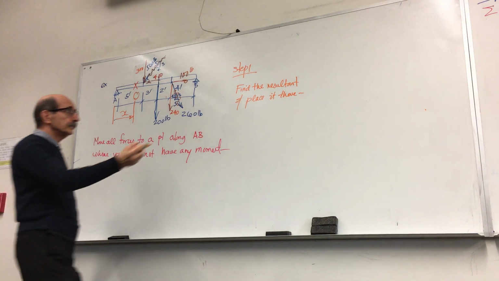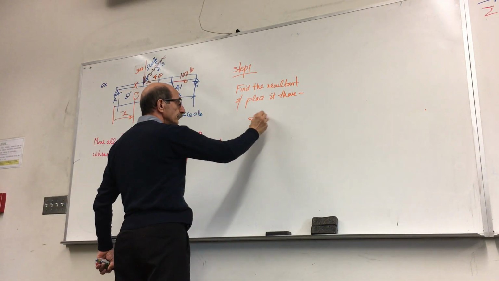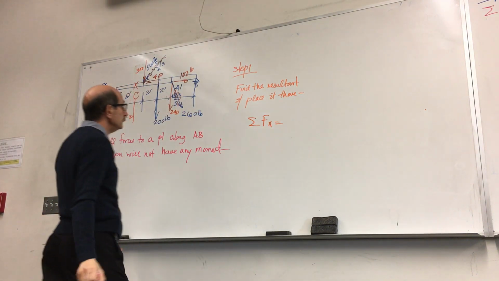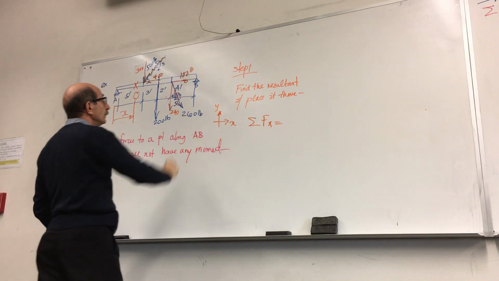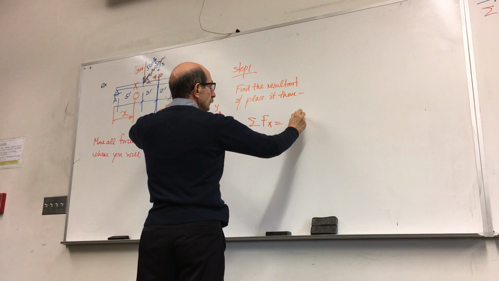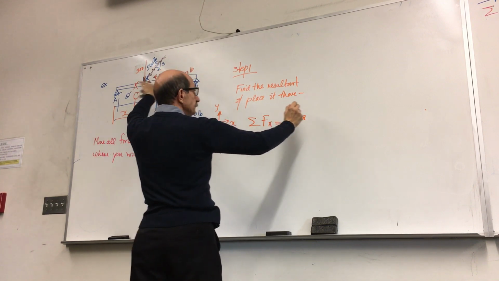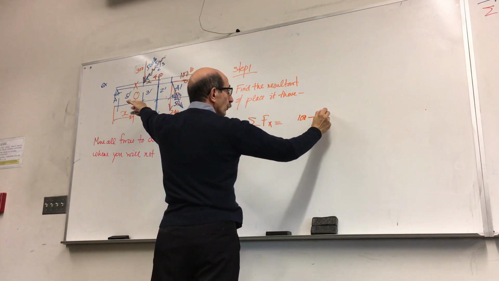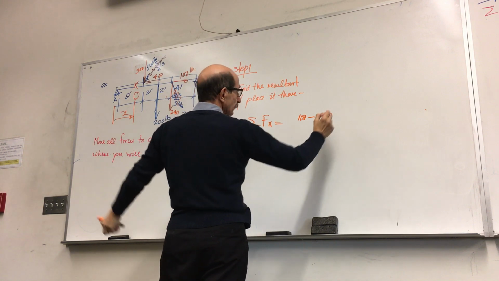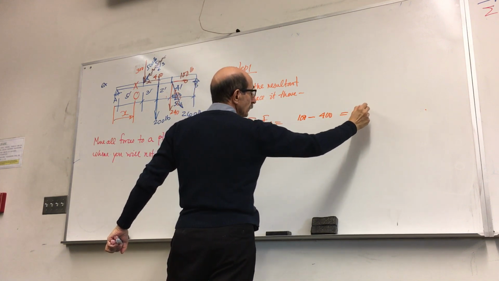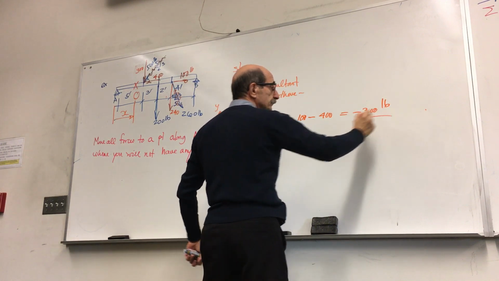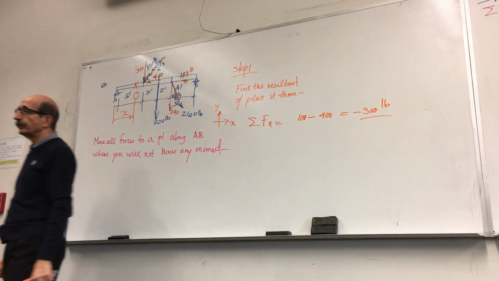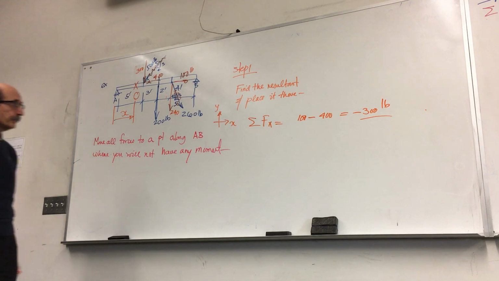So just add up the x components. If this is x, this is y. You have 100 positive, negative 400, and that's it. So the total force along the x-axis is 300 in the negative direction.